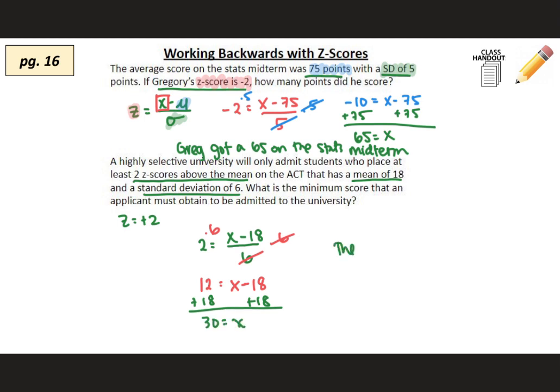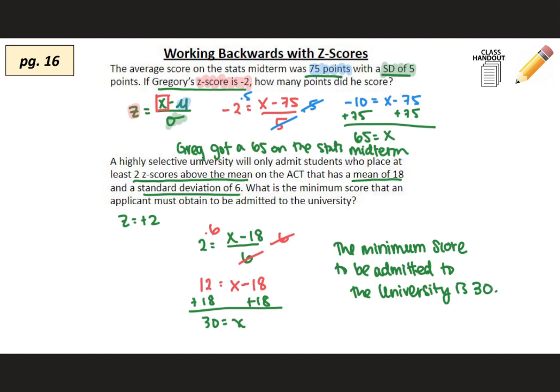So the minimum score to be admitted to the university is 30.